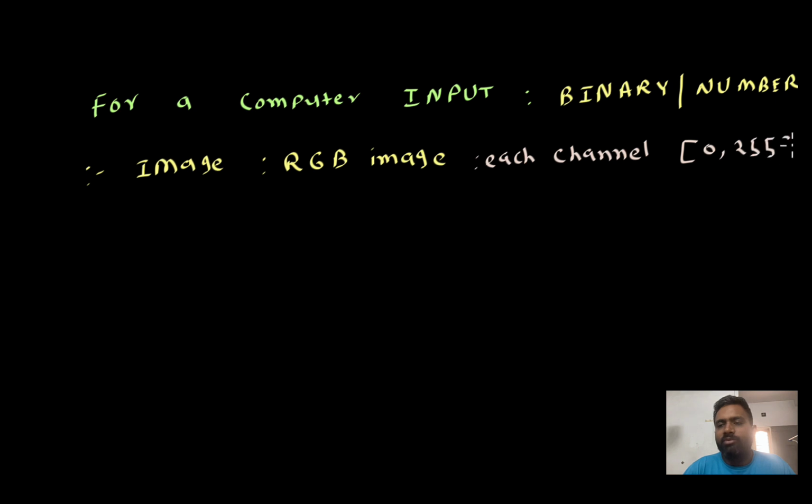Those of you might be aware how the image is stored. This is a certain format in which it is being stored. So again, this is a certain number itself, right? So machine can process this.